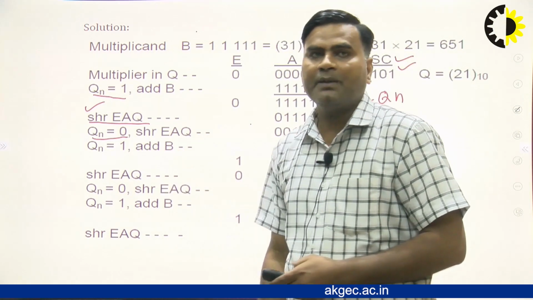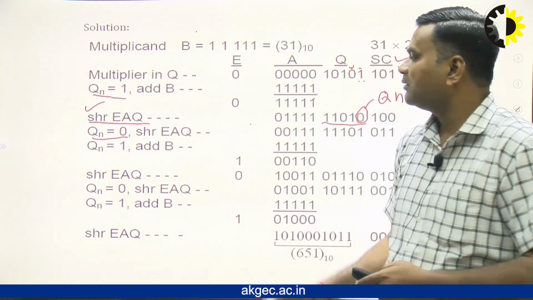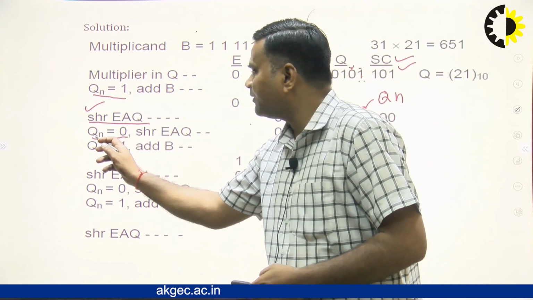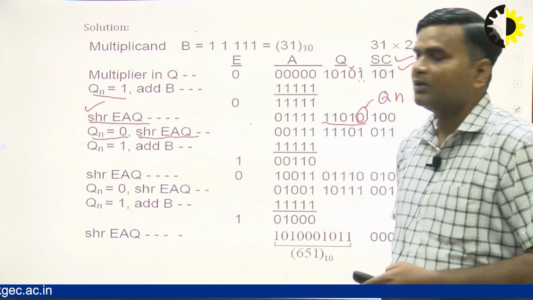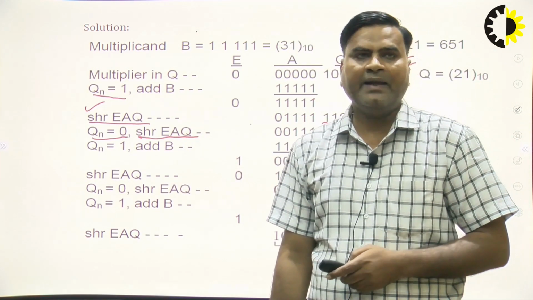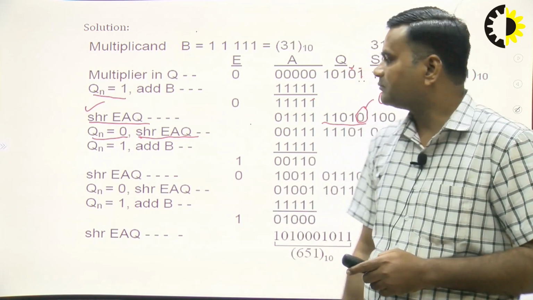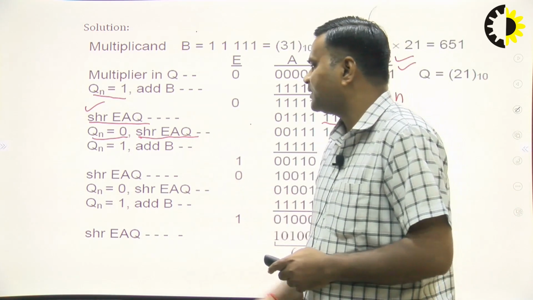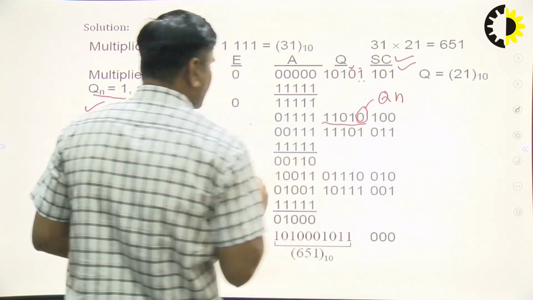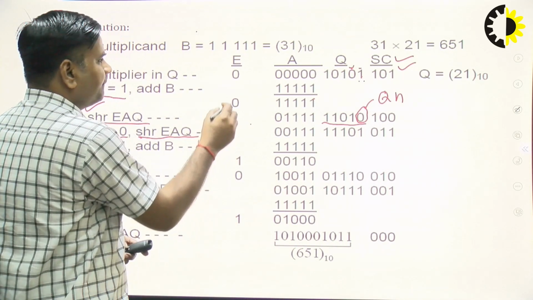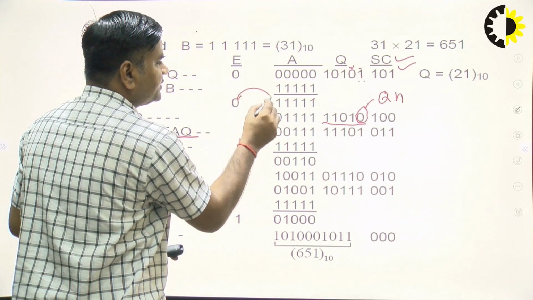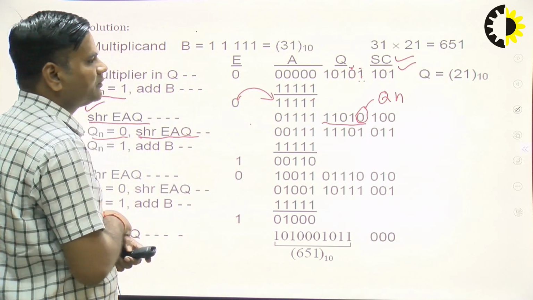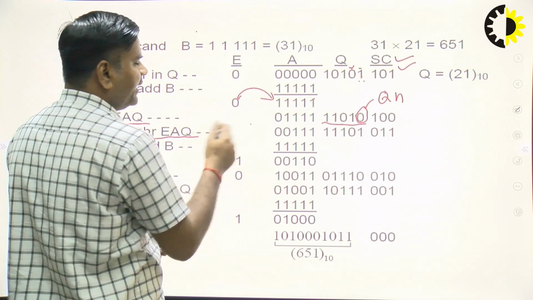So, we have to remember the flow chart. If Qn is equal to 0, then we perform the logical shift right EAQ. We need not add A plus B. Simply logical shift right. If we perform the logical shift right, then here this 0 in first iteration goes to the A part.